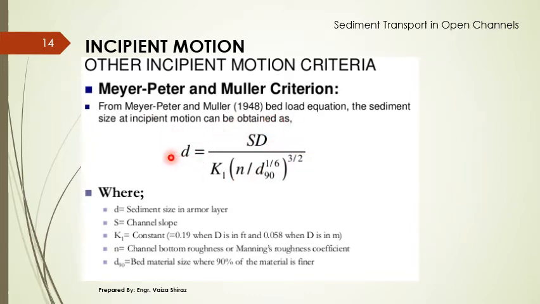Over here, D is the sediment size, S is the slope, K1 is a constant. It is 0.19 when the diameter is in feet, and it is 0.058 when the diameter is in meter. N is the channel bottom roughness or Manning's roughness coefficient, and D90 is the particle size for which 90% of the material is passing.